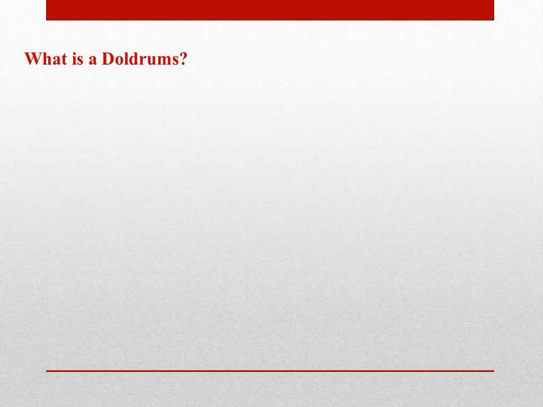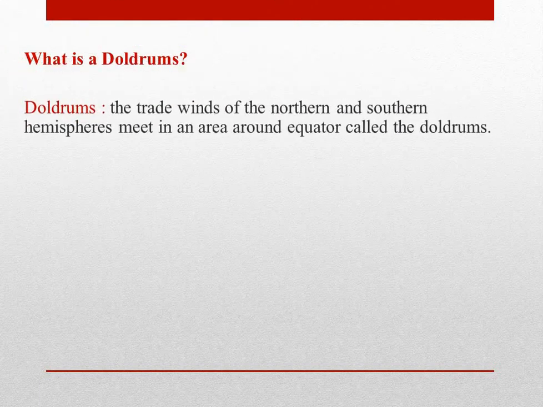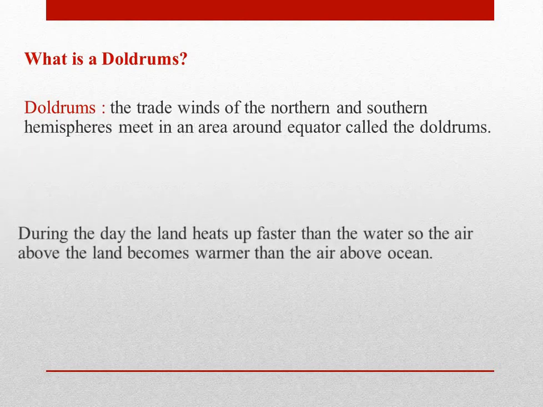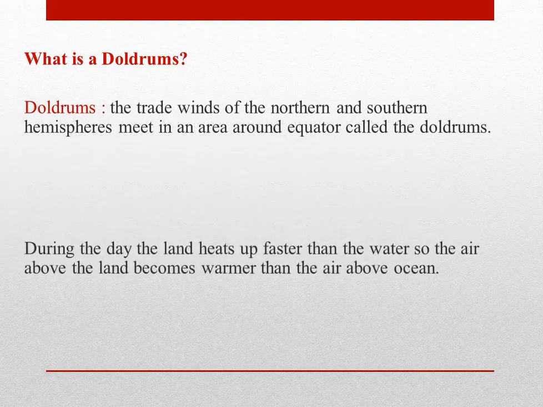What's the doldrums? The trade winds of the northern and southern hemispheres meet in an area around the equator called the doldrums. During the day, the land heats up faster than the water, so the air above the land becomes warmer than the air above the ocean.